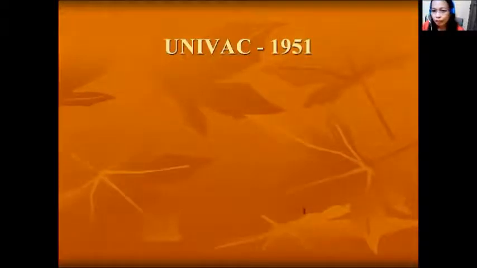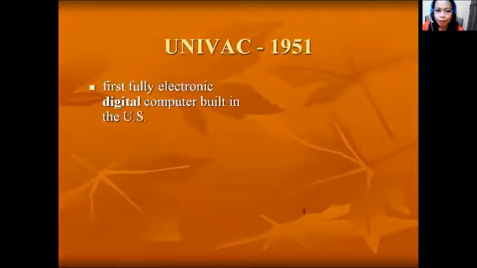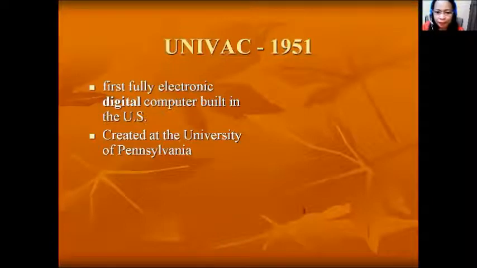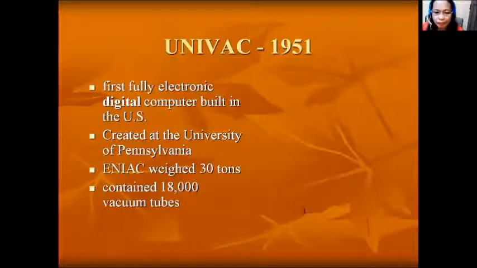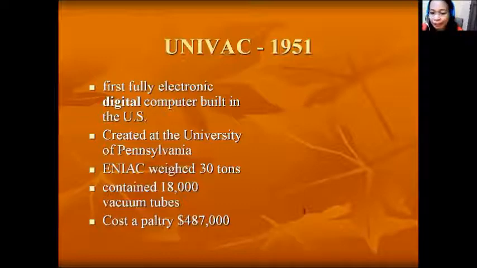Next is the Univac, 1951. It's the first fully electronic digital computer built in the US, created at the University of Pennsylvania. ENIAC weighed 30 tons and contained 18,000 vacuum tubes. Imagine. It cost $487,000.